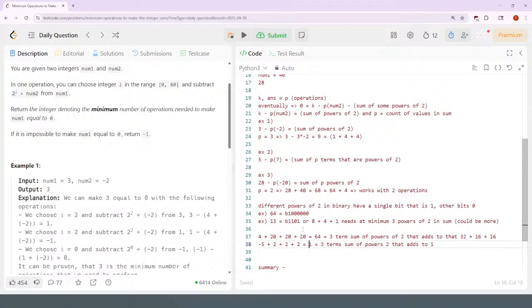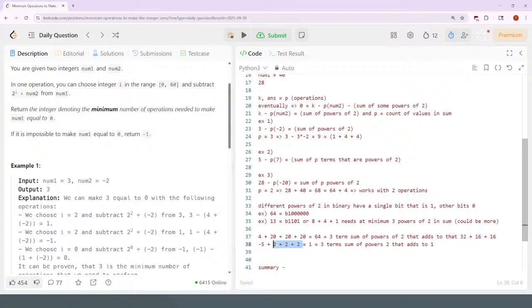It needs to be something where it's at least p in value. So p is the number of terms, it has to be at least that. So it can be at least 1 plus 1 plus 1 plus however many p's.